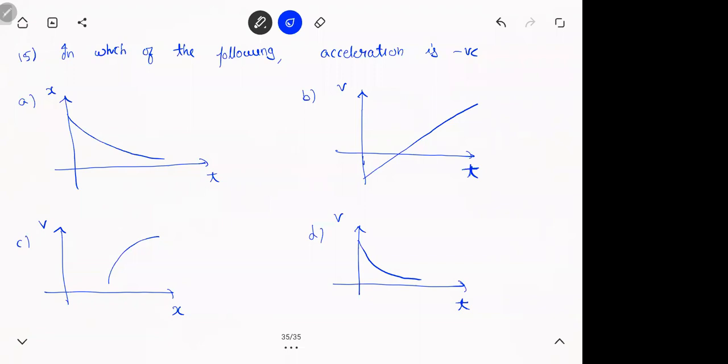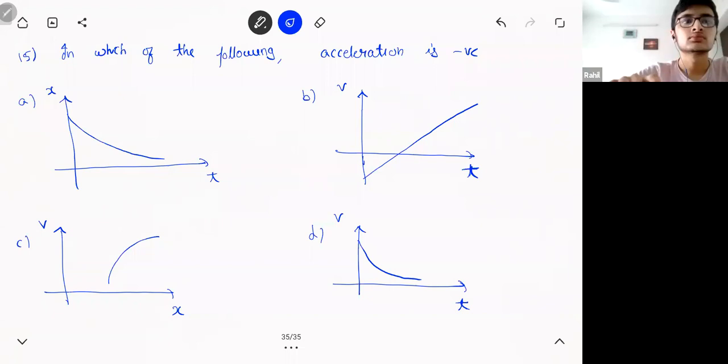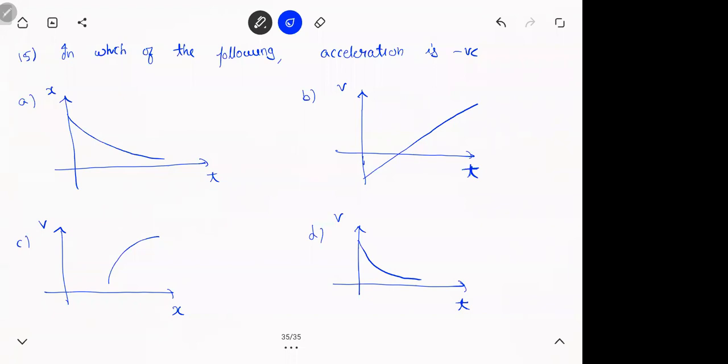So in which of the graphs is acceleration negative? Any options, people? Can you eliminate?